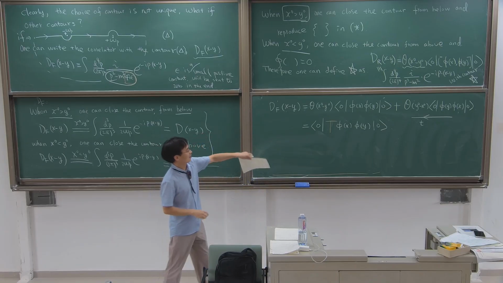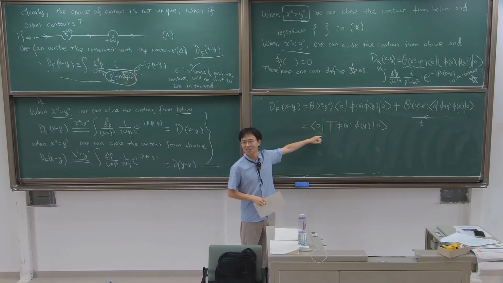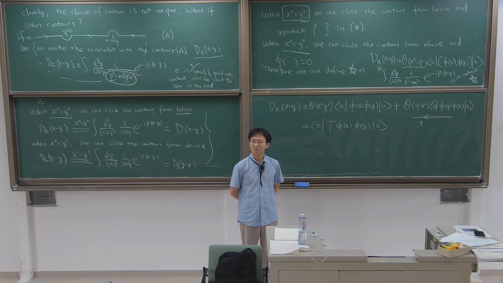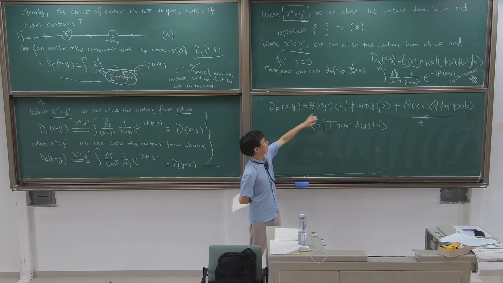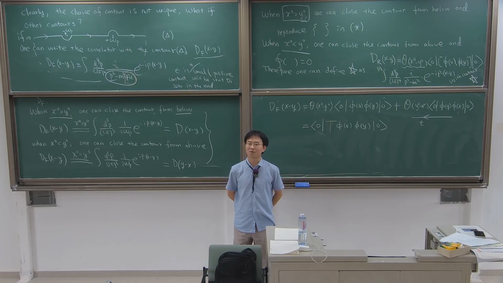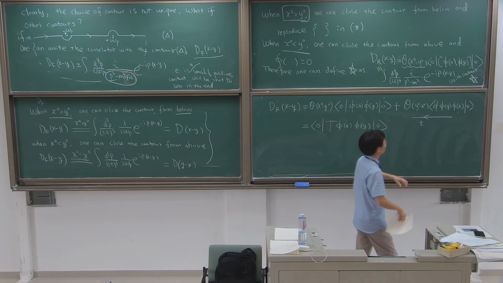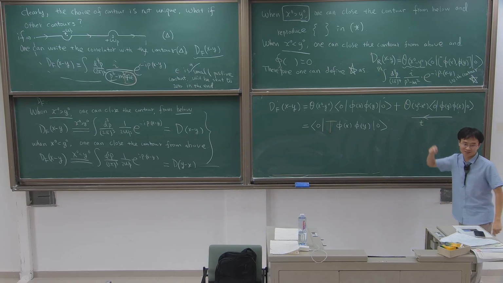You check this, and this actually equals this, because the step function essentially does the job of ordering in the correct, time-ordered way. The point is you should view the time direction from right to left.